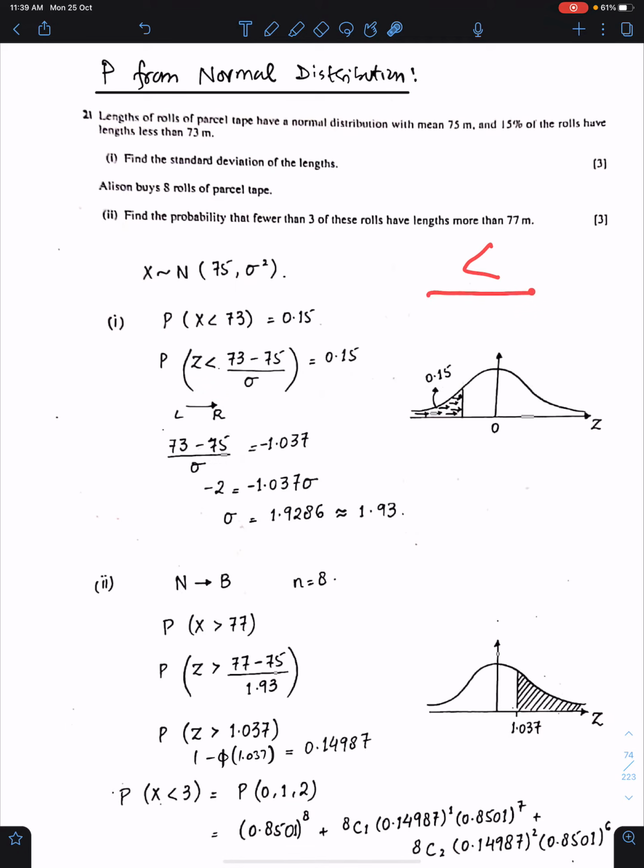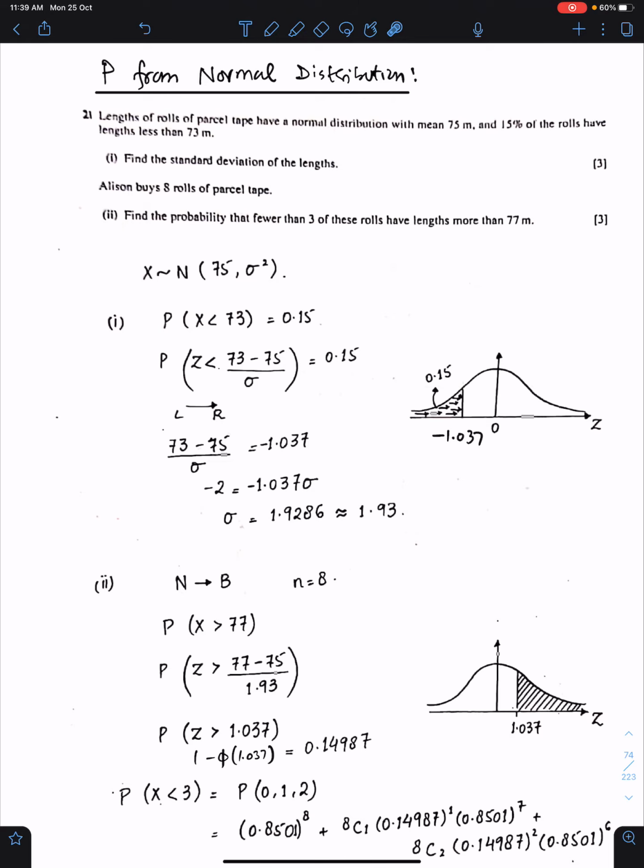For this sign we do shading in this way. So this quantity is negative. The answer is minus 1.037. You need to equate this thing with this result. Therefore sigma is this.